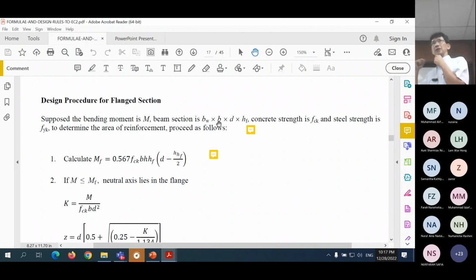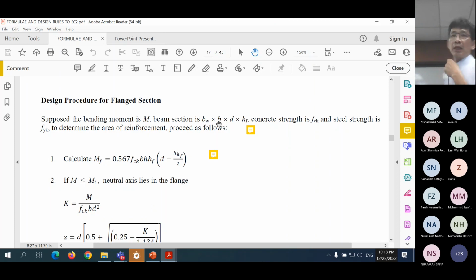D is the effective depth. HF is the thickness of the flange, which is equal to the thickness of the slab. Okay.